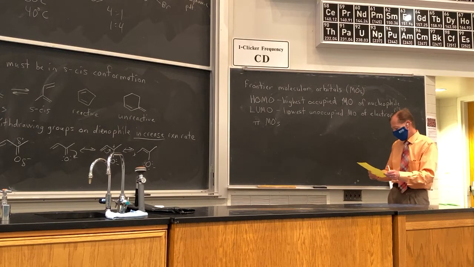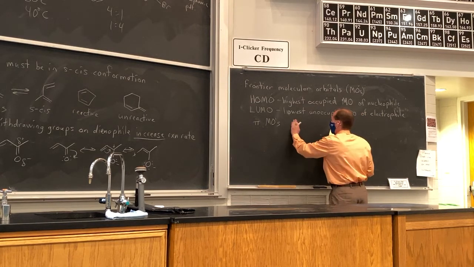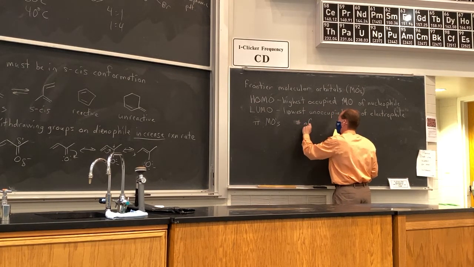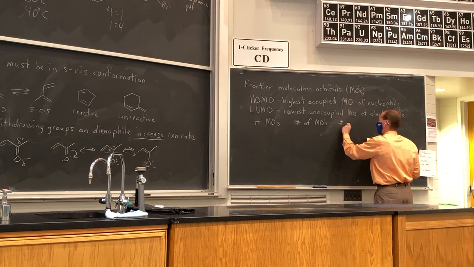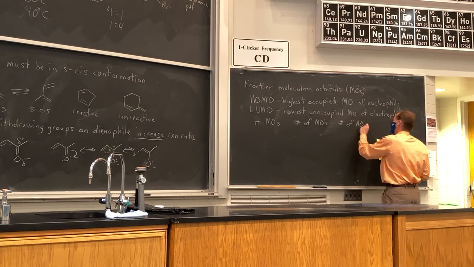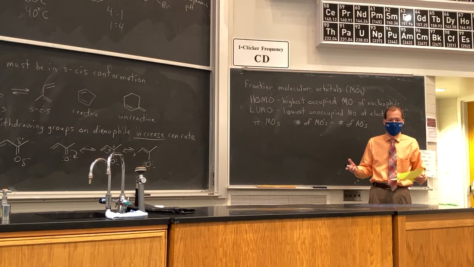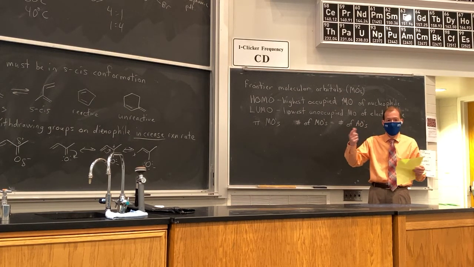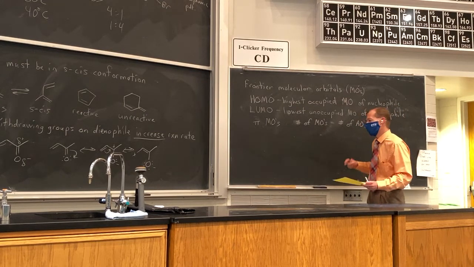Now remember, a key principle we learned in molecular orbitals is that the number of molecular orbitals in a molecule equals the number of atomic orbitals used to create those molecular orbitals. In ethylene, we have 2 p orbitals that overlap to create the pi system. So we have 2 atomic orbitals, and therefore we would end up with 2 pi molecular orbitals in ethylene.